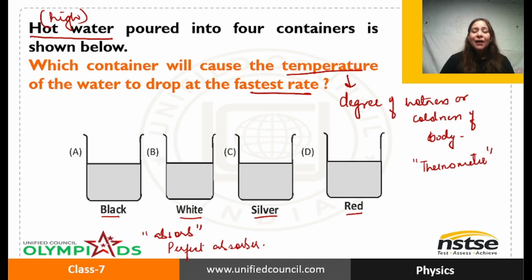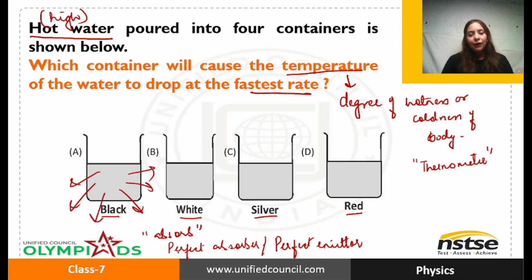So a black one is absorbing all the radiations. You need to remember that the one which is a good absorber is the perfect emitter also, or you can say the best emitter also. So if you take hot water in it, then all the radiations which are absorbed are given out perfectly as heat energy to the surroundings, because the radiations that it absorbs somehow get converted into heat and it radiates heat into the surroundings.